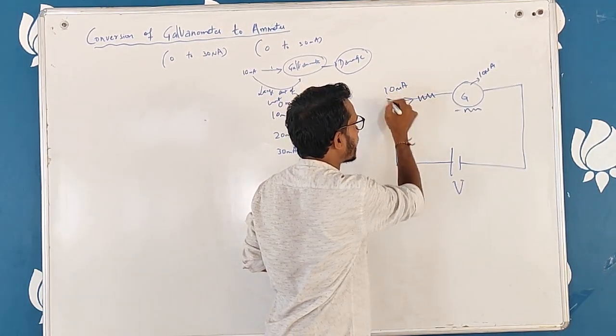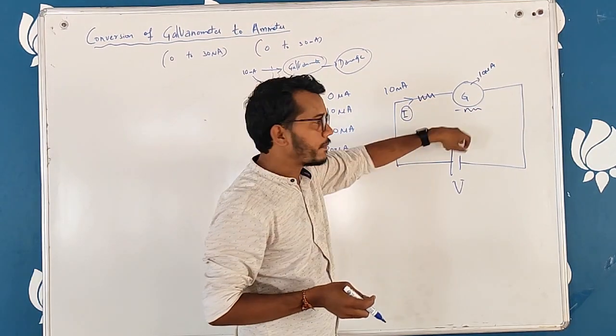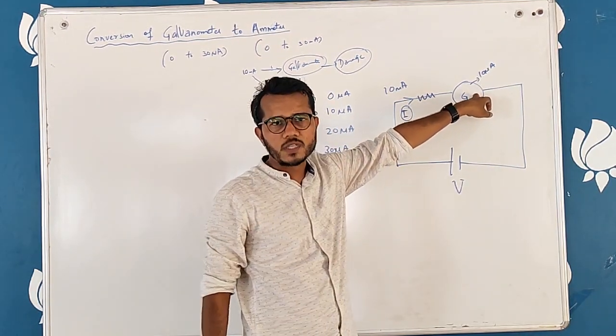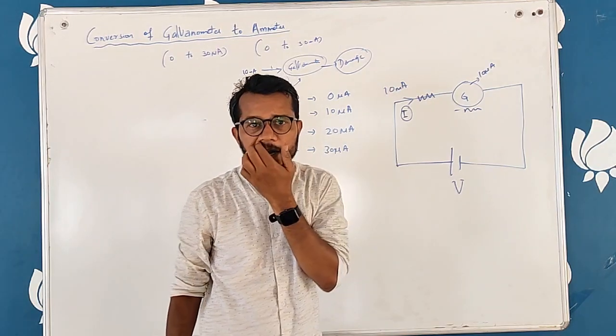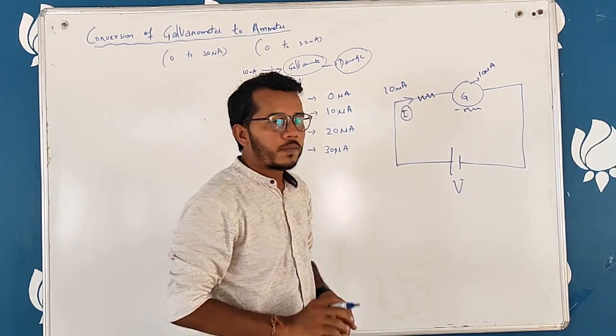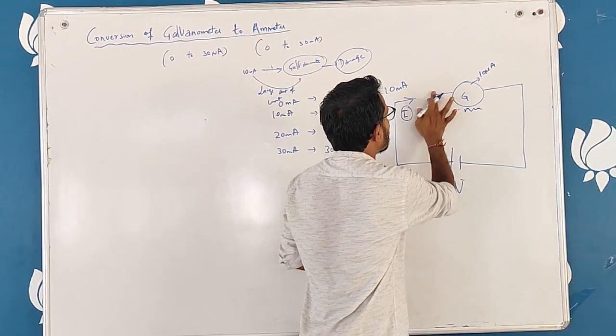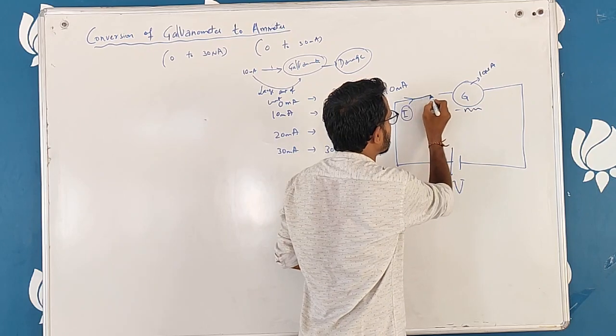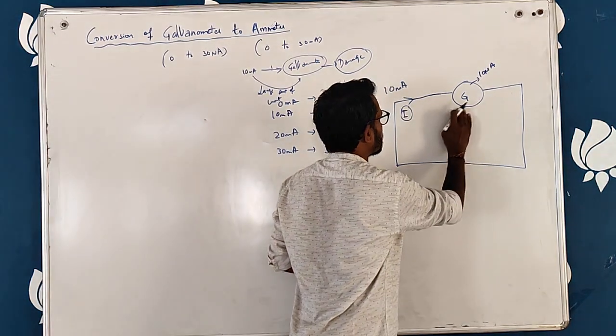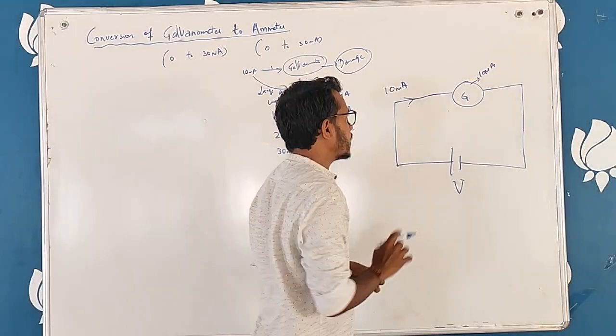So if I am supplying 10 milliampere, the same 10 milliampere is supplied to the galvanometer and it gets damaged. So we cannot connect the resistance in series for the conversion of a galvanometer into an ammeter.